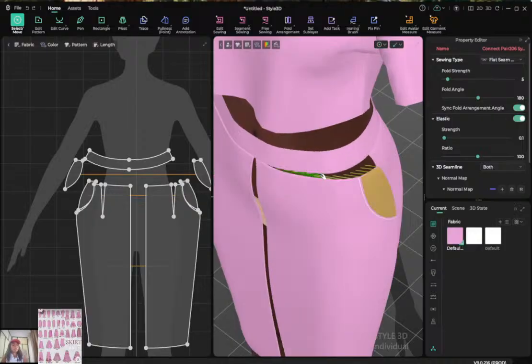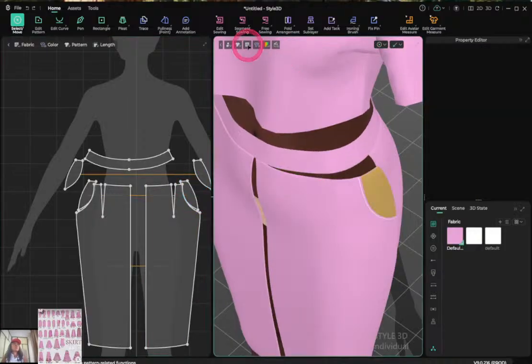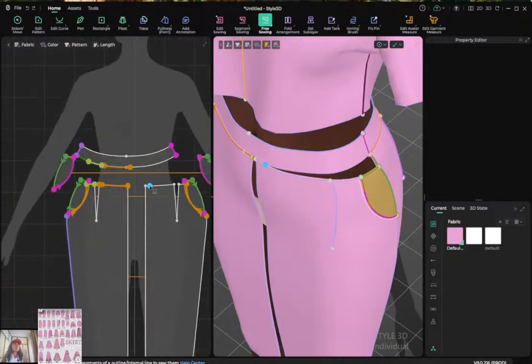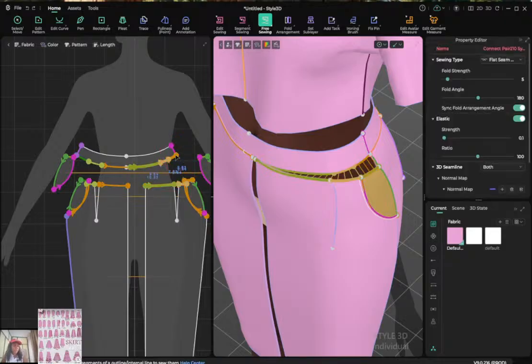What? Free segment sewing is usually the easier one. From here to here, from here to here, from here to here, and then from here to there. Okay.